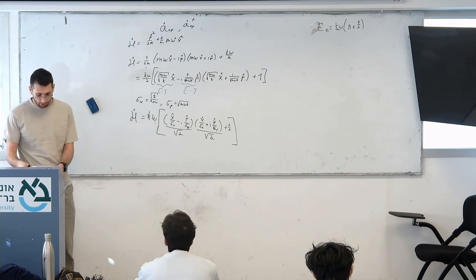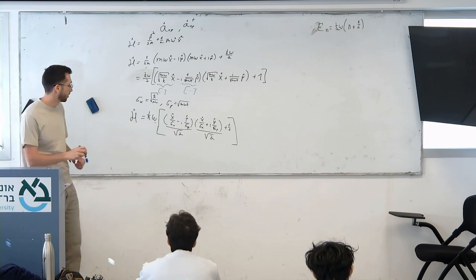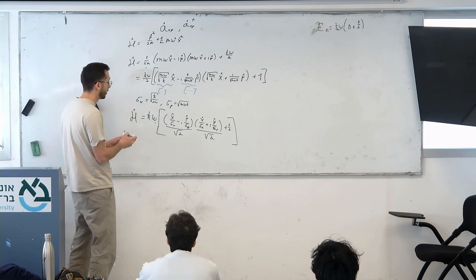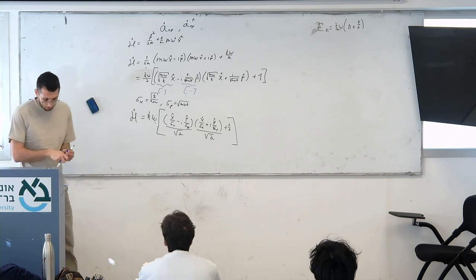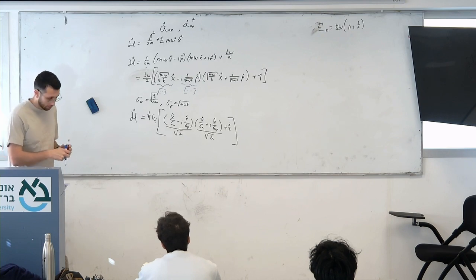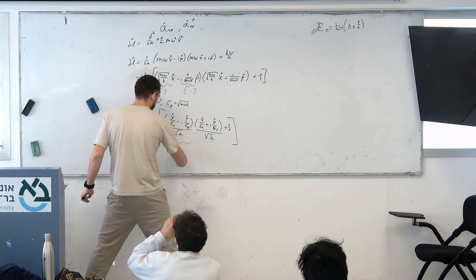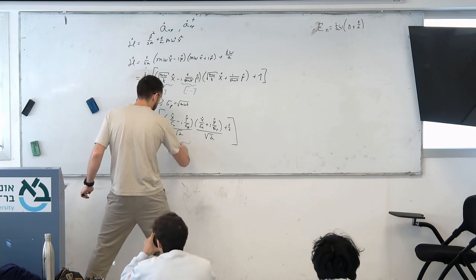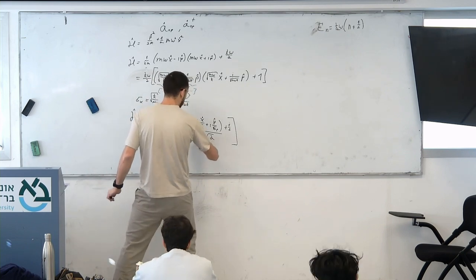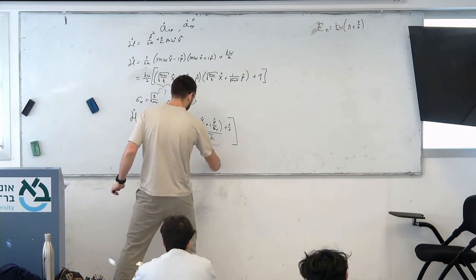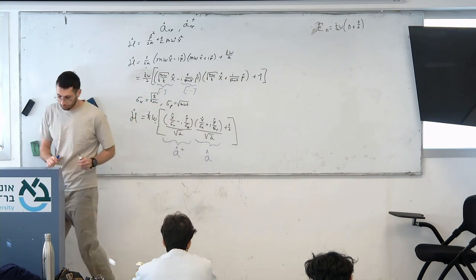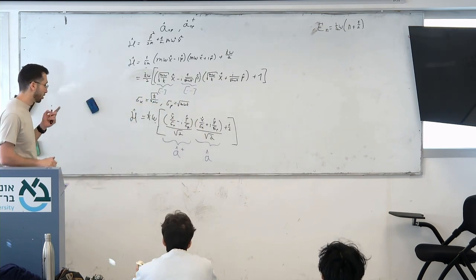The reason is I can define something very unique. I can define raising and lowering operators. I can say this is a raising operator, a dagger, and this is a lowering operator, a. This is a definition.